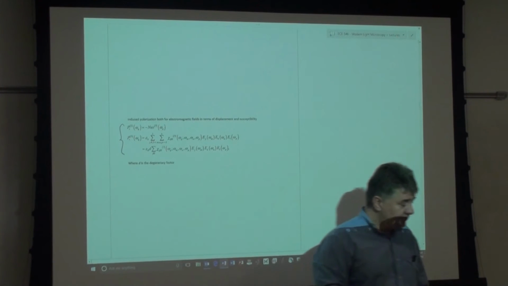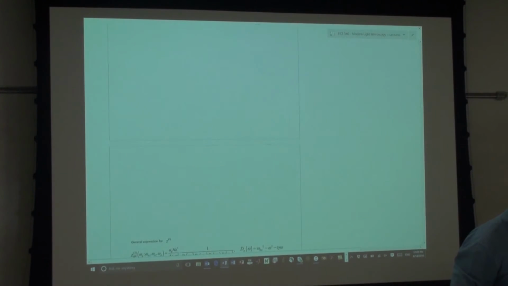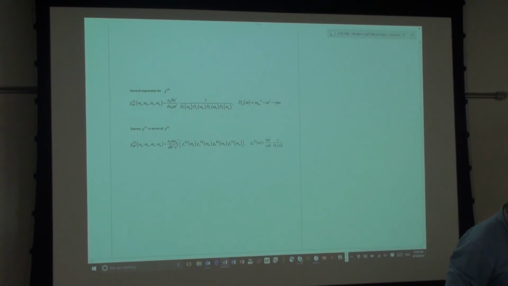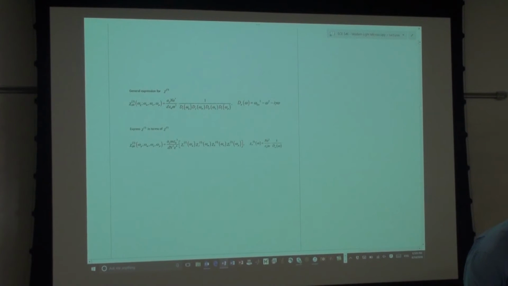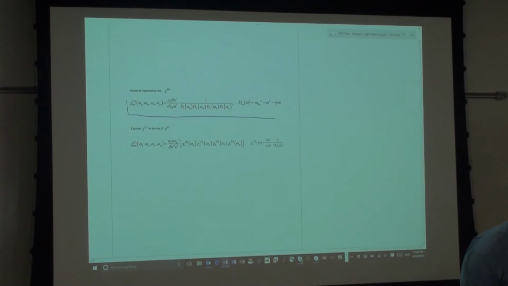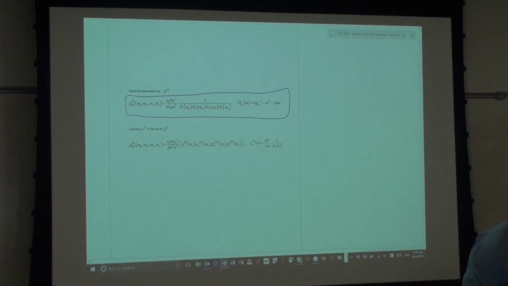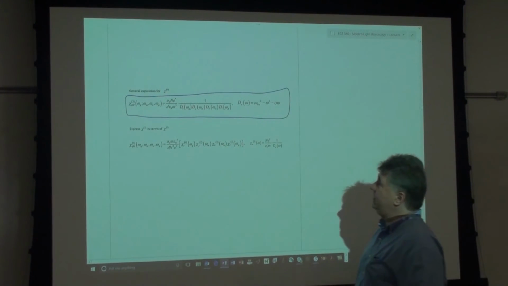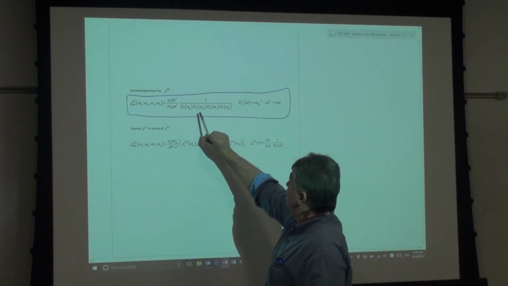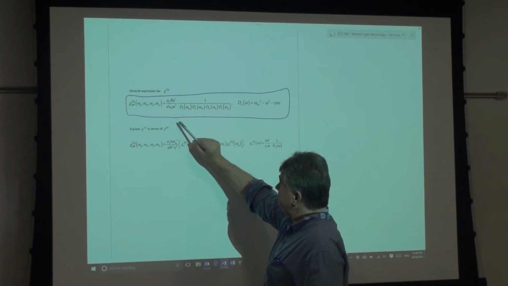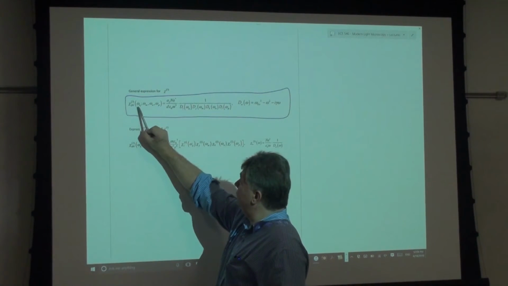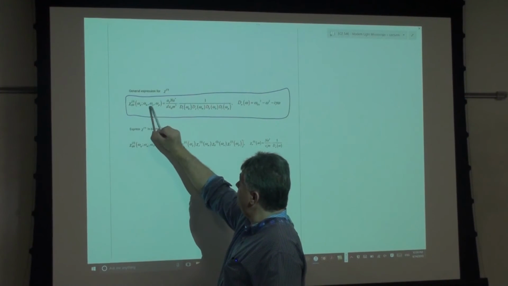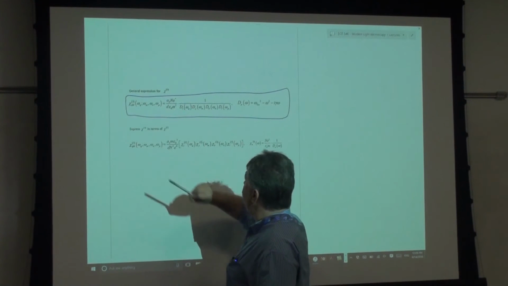Yeah, forget about the degeneracy factor. Okay, long story short, we get something that looks qualitatively the same as before. So you have chi for the new frequency omega q when you input omega m and p.